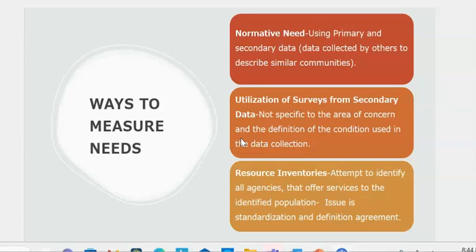A concern is that they may not be specific to the area concerned, and the definition of the condition used in the data collection could be of concern. We can use resource inventories, and that is we attempt to identify all the agencies that offer services to the identified population. So we look at service utilization, and the issue is standardization and definition agreement.